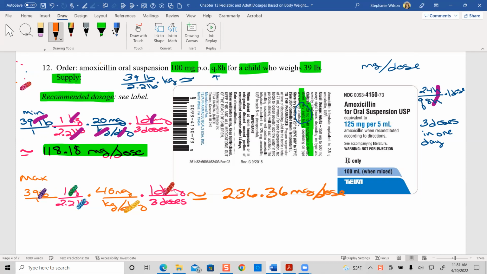So when we read this, this is telling me for this patient, if we were to do it based upon body weight, every one of us would have a different amount that's safe for us because we all have different body weights.